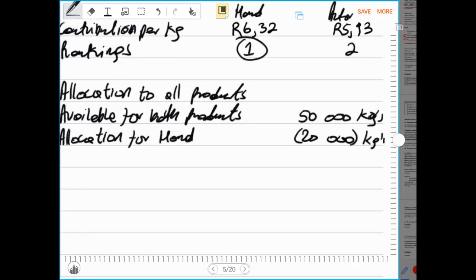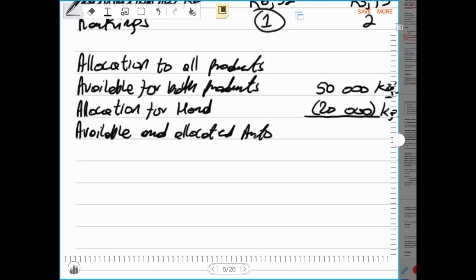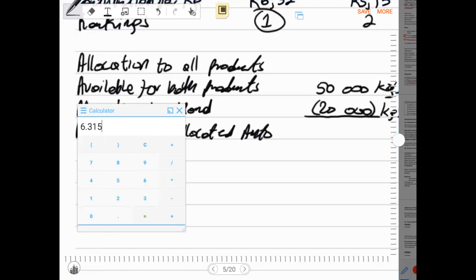Remember, it's in kgs. Then we say the remainder will be available and allocated to auto, because this one will be allocated to the remaining product.